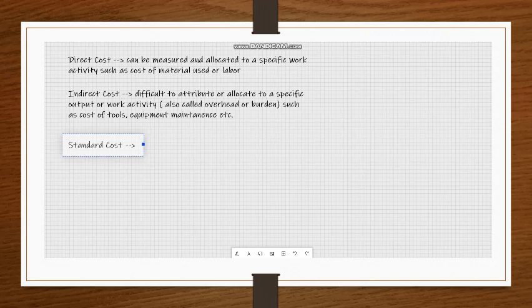This is cost per unit of output, established in advance.